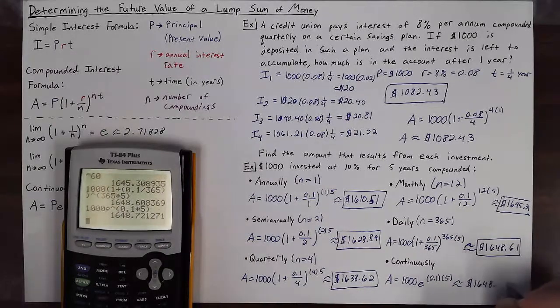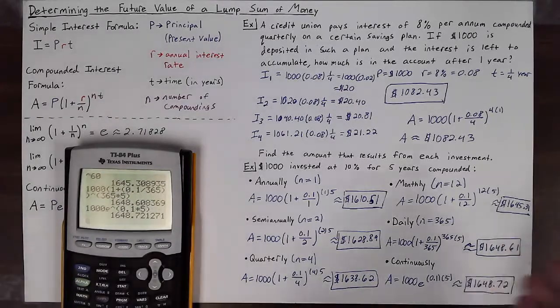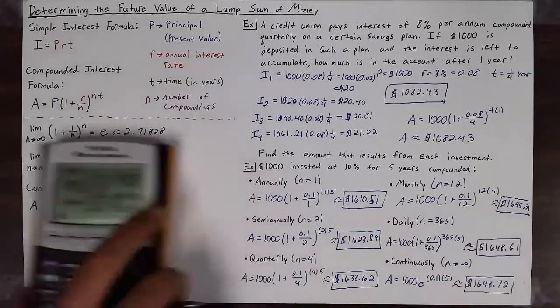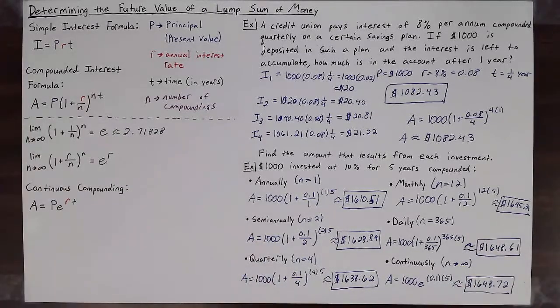So not much more than daily. So it turns out that daily is pretty close to a continuous compounding. You only make a few more cents by doing it an infinite number of times. So again, continuous is like approaching infinity there. And that is how you determine the future value of a lump sum of money.